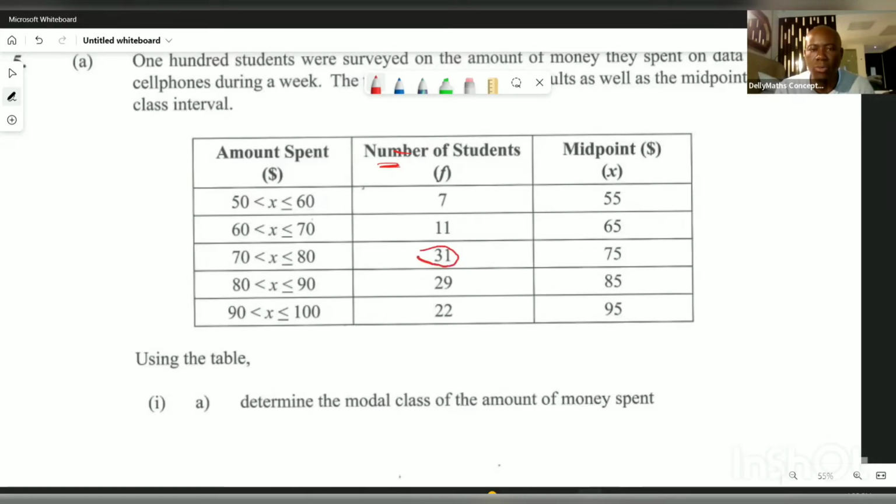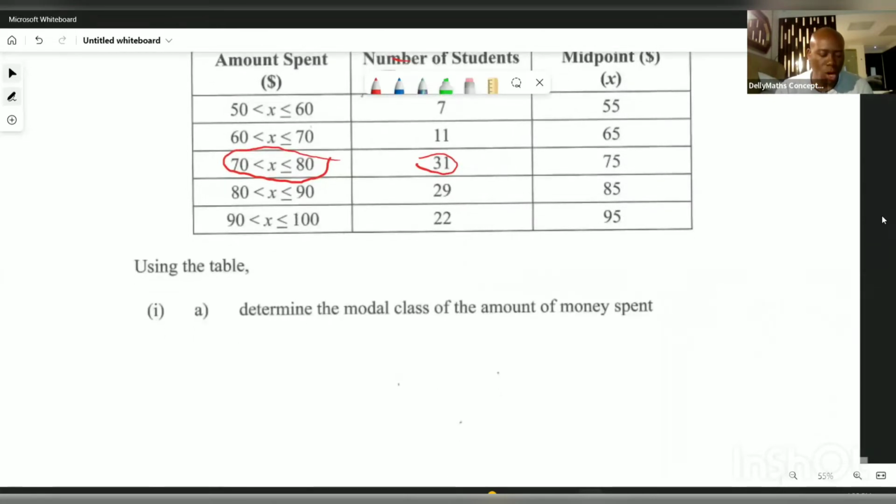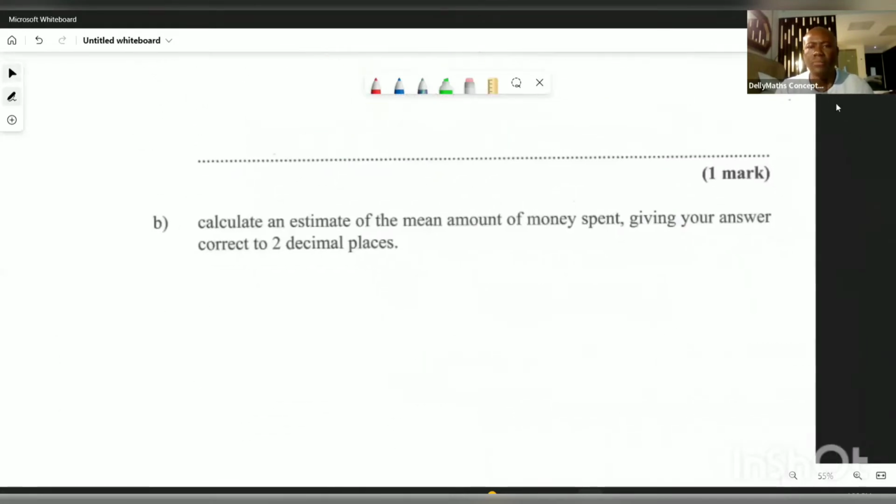It's 31. So the class where x is less than or equal to 80 and greater than 70 had 31 students. That is our modal class. It occurs the most.